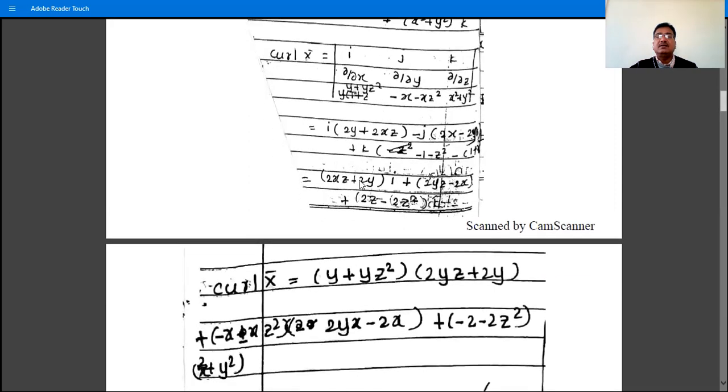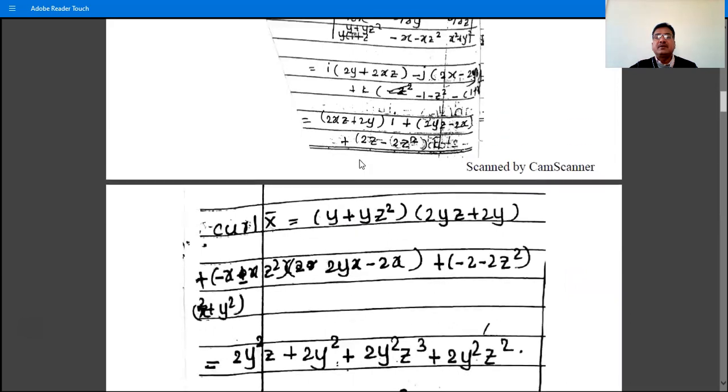Curl x bar is the determinant with i, j, k, ∂/∂x, ∂/∂y, ∂/∂z and the coefficients. For i, we take ∂/∂y of the third component, which is 2y, minus ∂/∂z of the second component, which gives plus 2xz. For j, 2x minus 2y. For k, ∂/∂x of the second component is −(1 + z²), minus ∂/∂y of the first component, which is (1 + z²). After simplification, we have this answer.